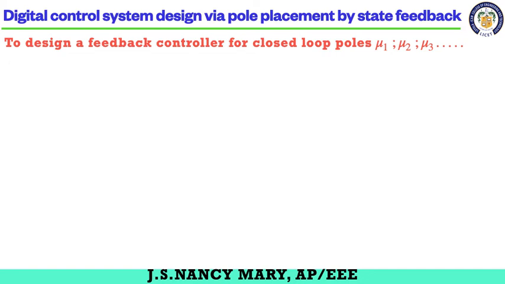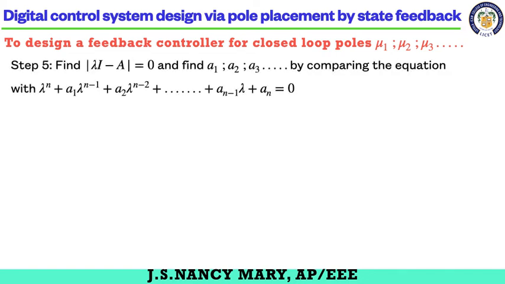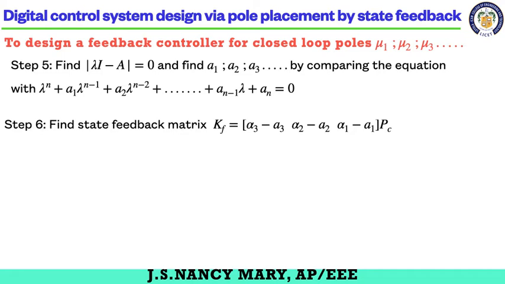Step 5, you have to find out the determinant of lambda I minus A equal to 0, and then you have to compare with the equation. And step 6, finally you can find out the state feedback matrix, or it is called a state feedback gain matrix. So this is the design of feedback controller for your digital control system. Okay, so we will see problems in that.